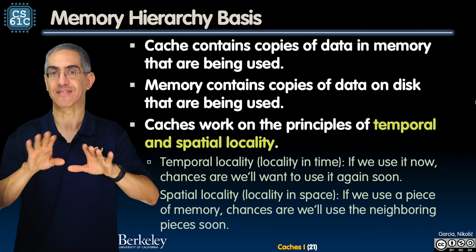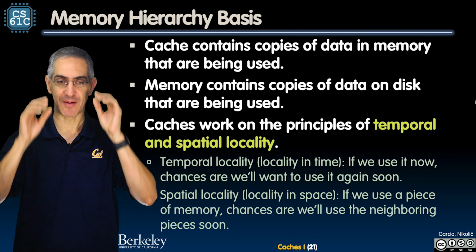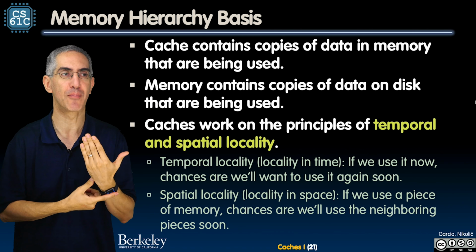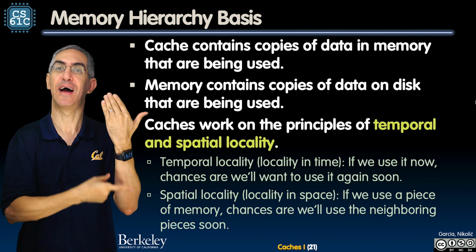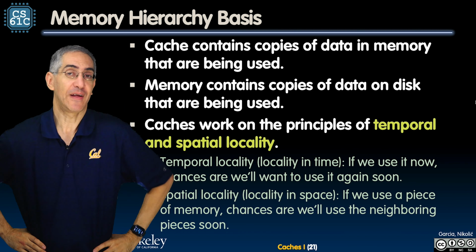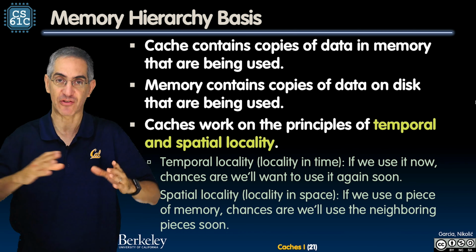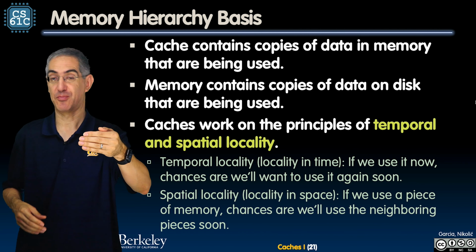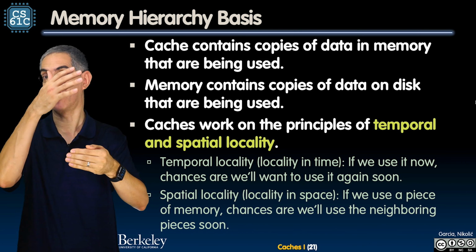But let's say that's not that degenerate case. Most of the time I hit memory in a loop where I'm processing through it and doing something. So the chances are I'm probably going to hit a neighbor at some point after that. Spatial locality says if you hit a memory location at some spot, you're probably going to visit its neighbors at some point soon.